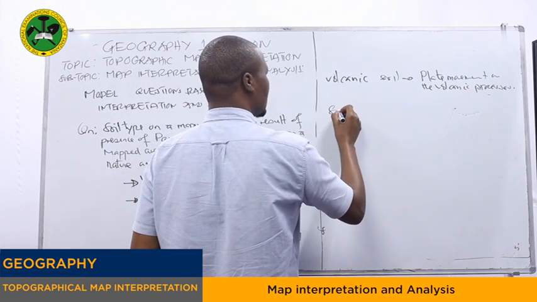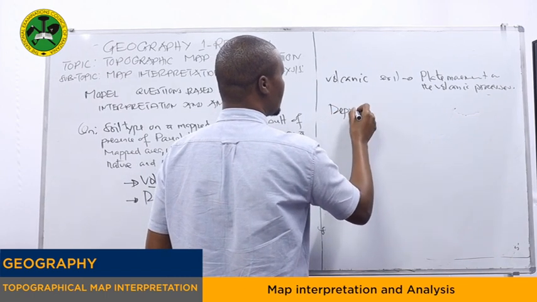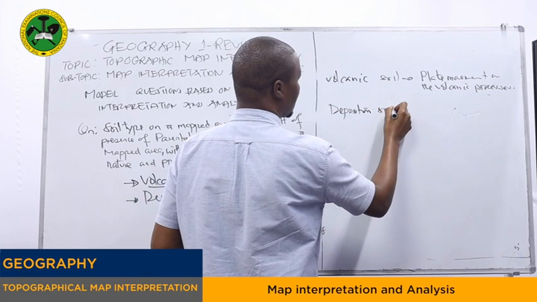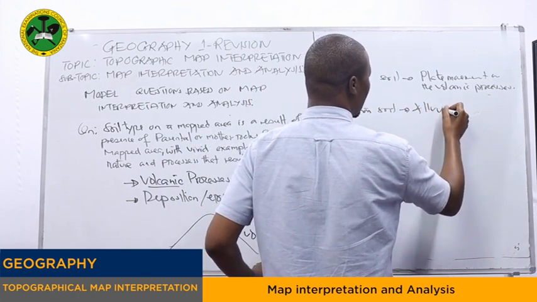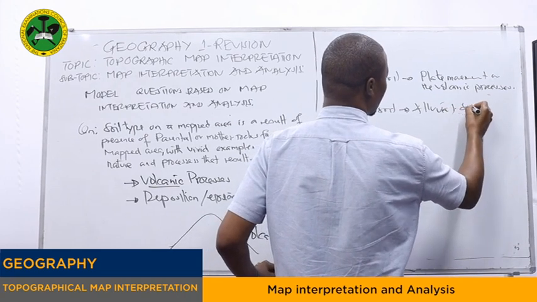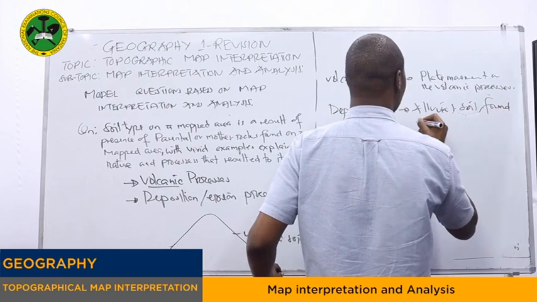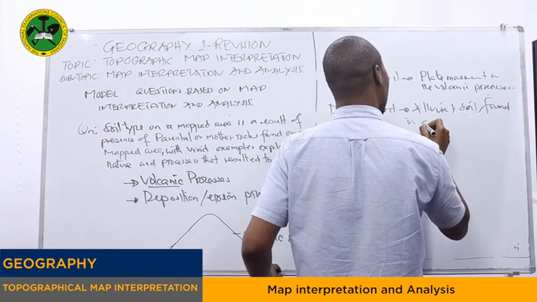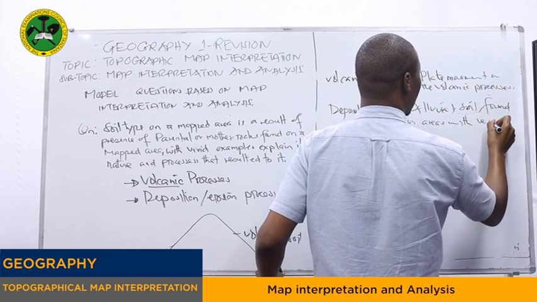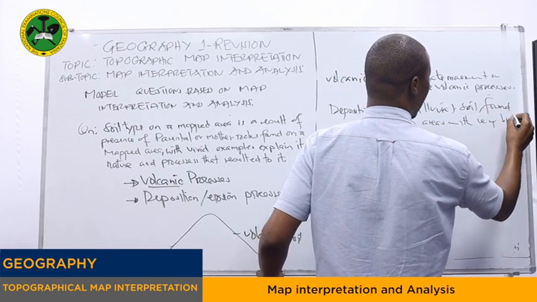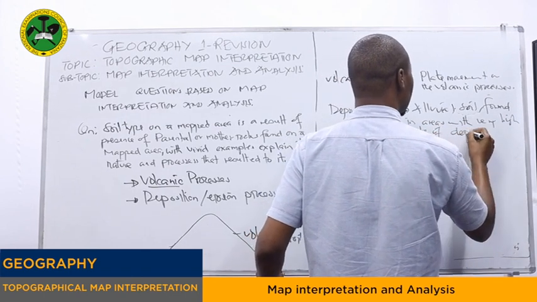Then we have what we call deposition soil. Most of these are alluvial soil. They are found in areas with a very high rate of deposition.